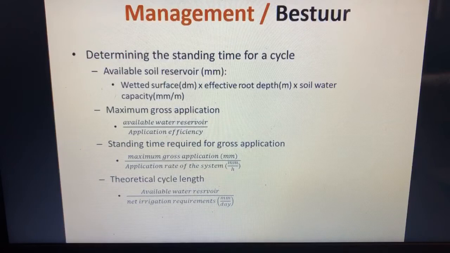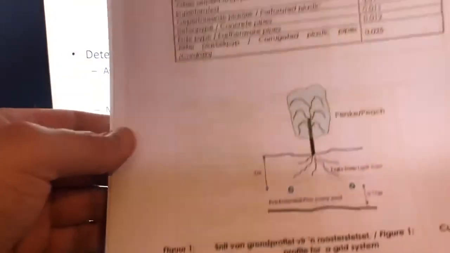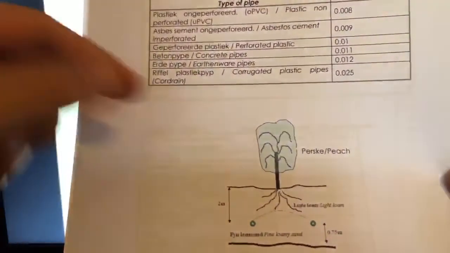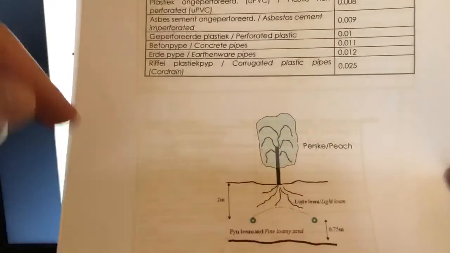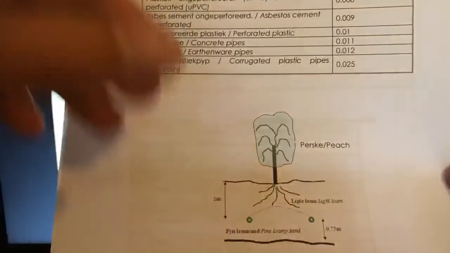Now that you know how much water is going out of your emitters, you can very accurately determine your standing time. So how long should a cycle be for you to apply the correct amount of water? Firstly, you'll determine your available soil reservoir. What that means is, underneath your plant, if I can show a sketch like this, there is a lot of space and there's soil with a lot of air.